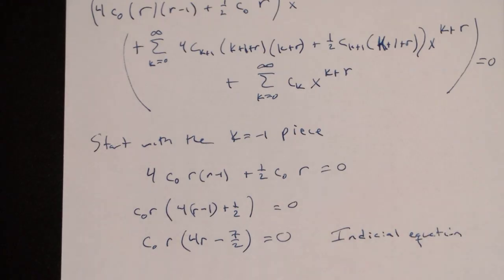But rather than use the word index, they turn it into an adjective, the indicial equation, the thing about the indices. Screw it, it's the index equation, damn it. It's telling me about r. r is the index in question. That's why I call this the indicial equation, because it's telling me about r, and r is the index.